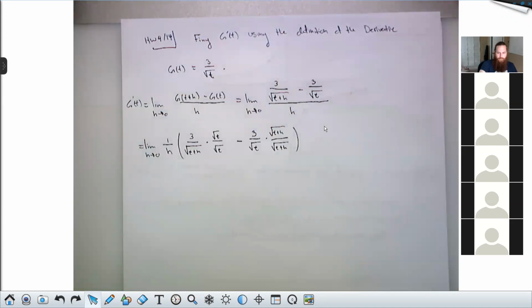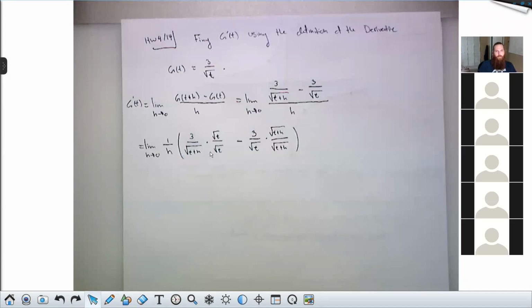Questions so far? So you just basically took the h from the bottom and pulled it out front. Yes, exactly. Dividing all of this by h is the same as multiplying all of it by 1 over h. And then I've got this minus this. But in order to get a common denominator, I need to multiply this by the piece its denominator is missing, which is the root t.